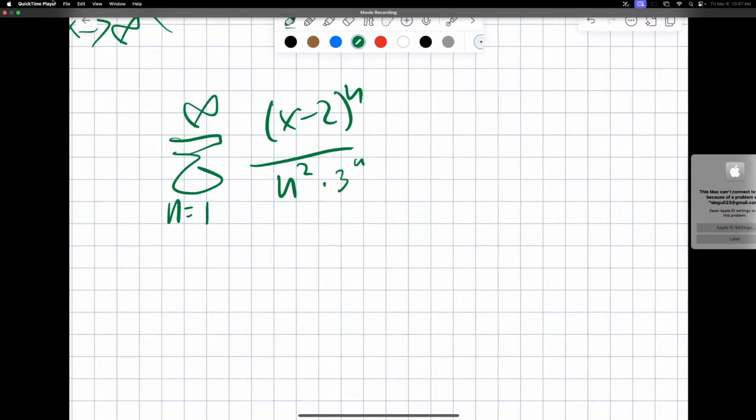I don't think it's included. Maybe. I think negative 1's included. I believe negative 1's included.